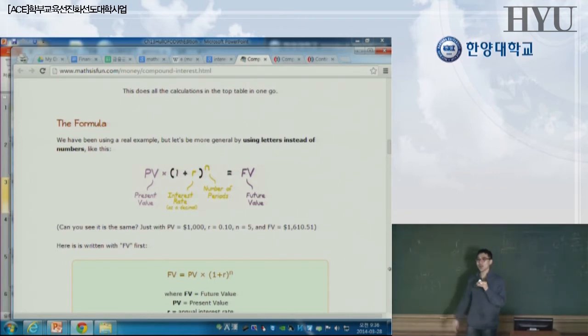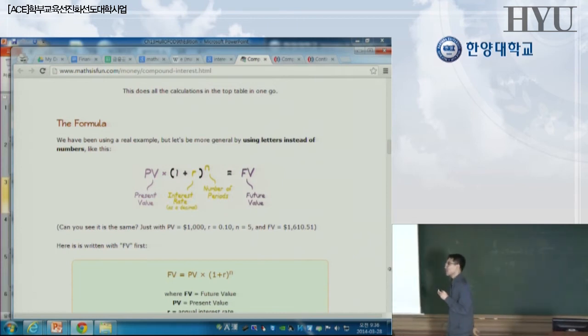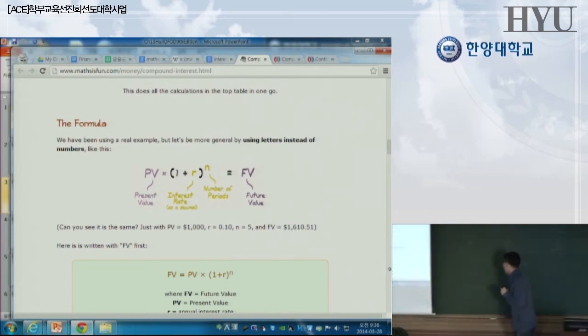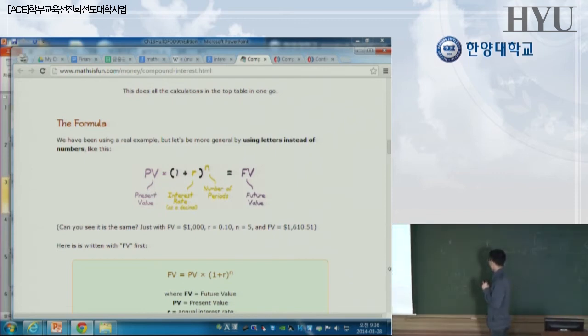In a bank contract, it is monthly, right? If the annual interest rate is 12%, they pay 1% every month, 12 times per year. In that case, it is (1 + R/12)^12, right? And we can be more extreme. How about daily compounding, right?